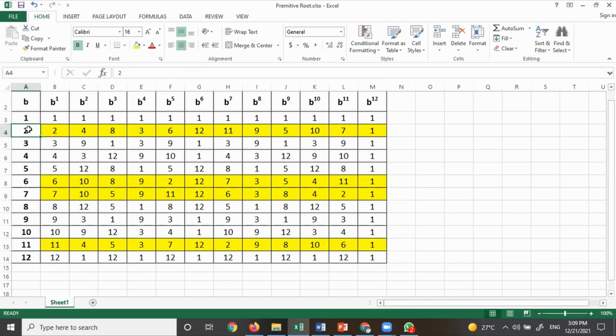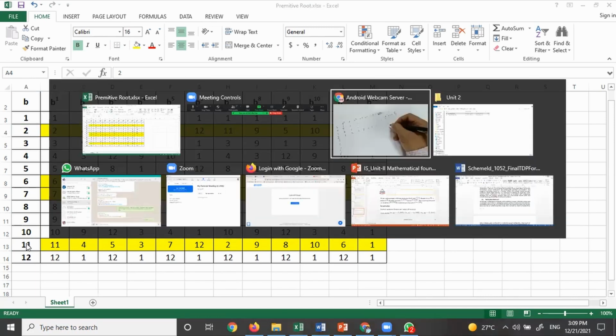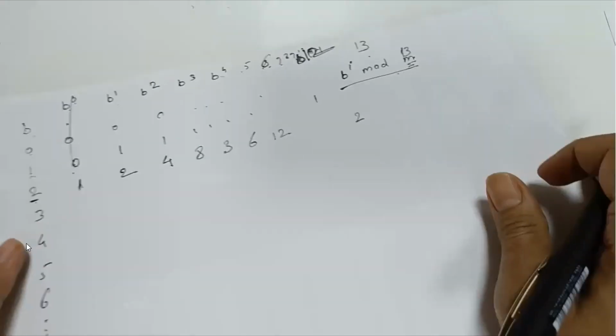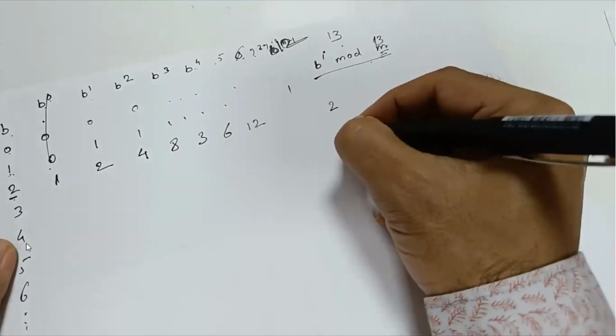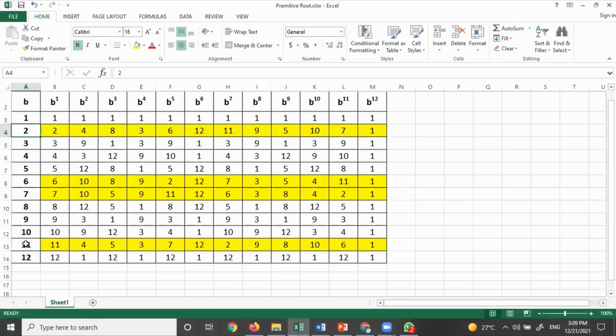So what you'll have here is 4 values of B: that is 2, 6, 7, and 11. So let us go back to the sheet. B values are 2, 6, 7, and 11.